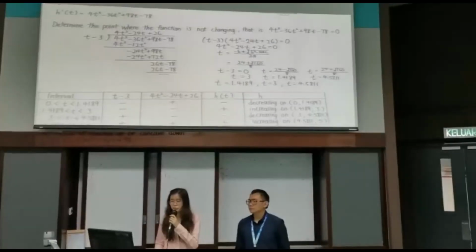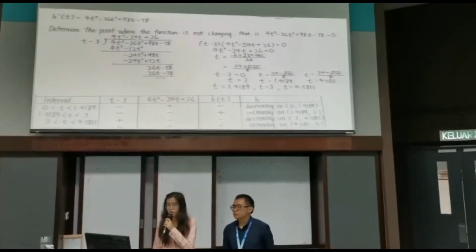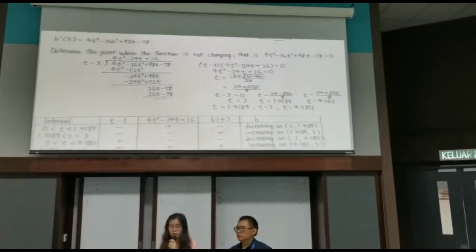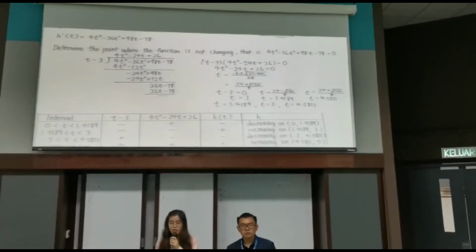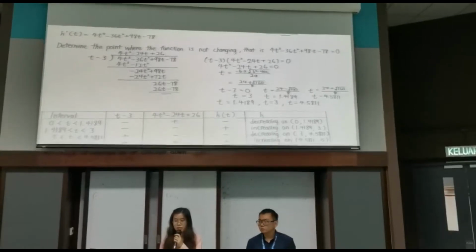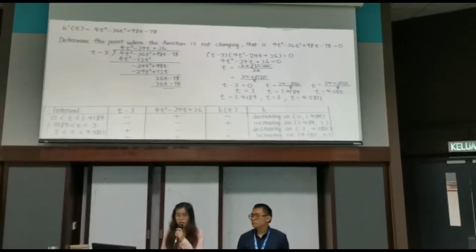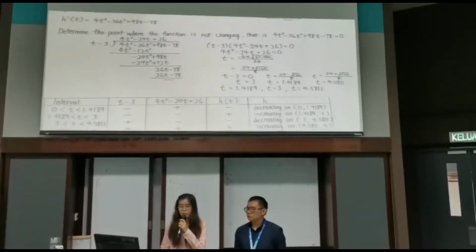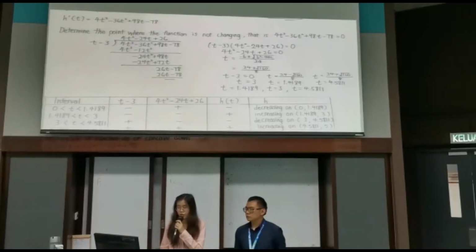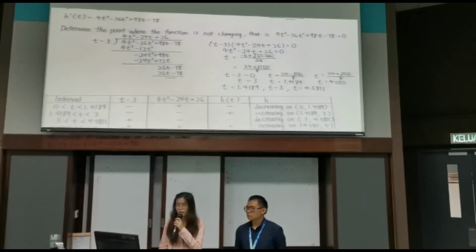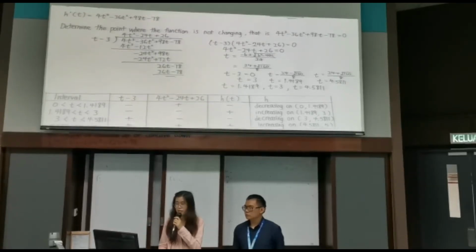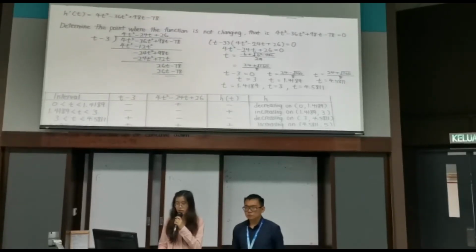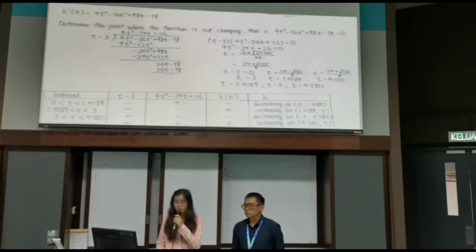Next, we are going to take the first order derivative of the polynomial function, that is 4t cubed minus 36t squared plus 98t minus 78. Determine the points where the function is not changing, that is 4t cubed minus 36t squared plus 98t minus 78 equals 0.